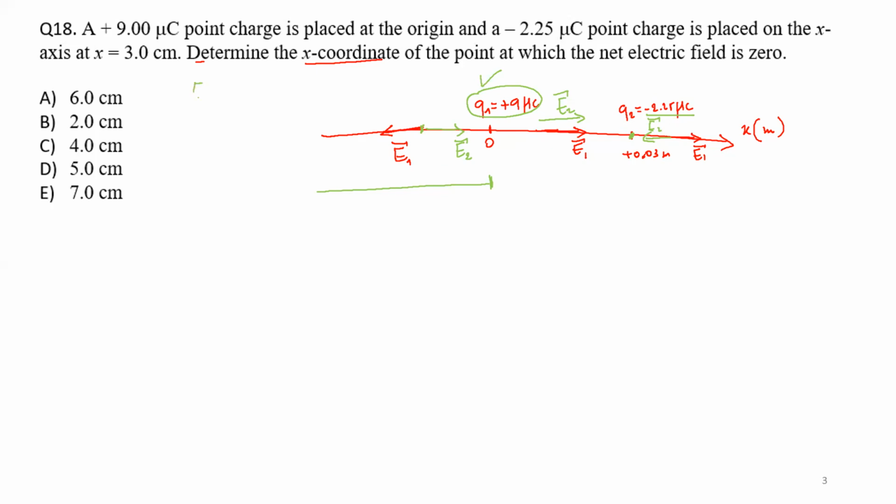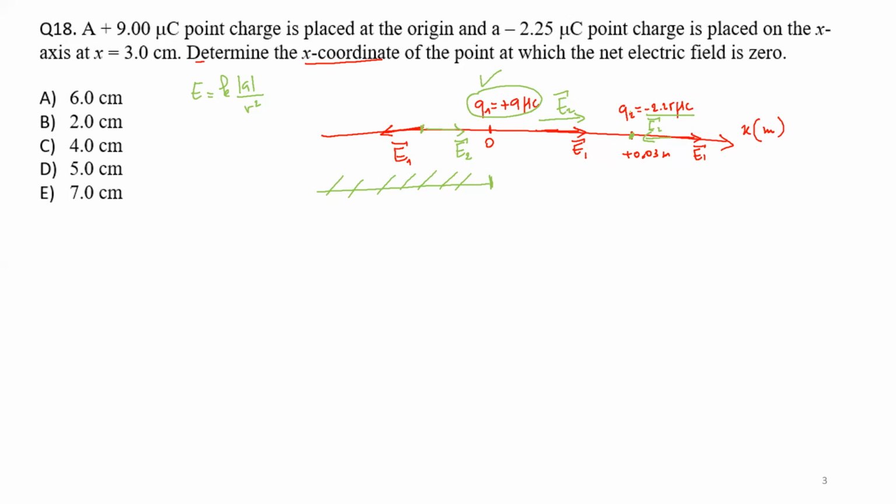You remember the electric field magnitude is E equals K times the absolute value of Q divided by the distance squared. So in this part of the graph, I cannot have net electric field equal to 0. Why? E1 will always be larger than E2 in this part, because Q1 is larger than Q2 in absolute value.